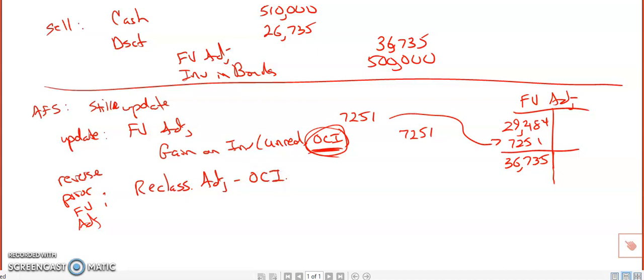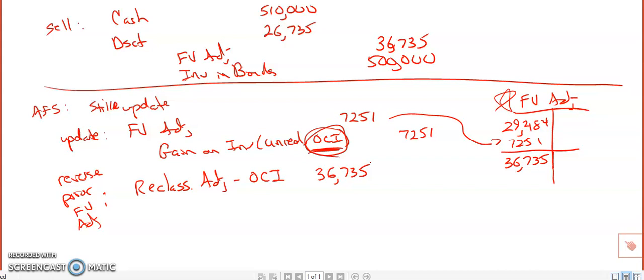So notice, remember this account right here, and then the mirror image of that would be a credit in the OCI total that would have been accumulating for 36,735. So if I do this right here, 36,735, it reduces other comprehensive income. It kind of backs it out of that account. Okay, so that would now be zero.